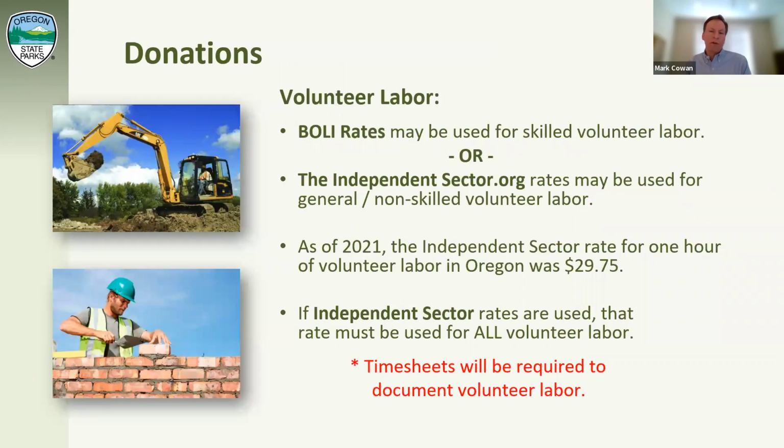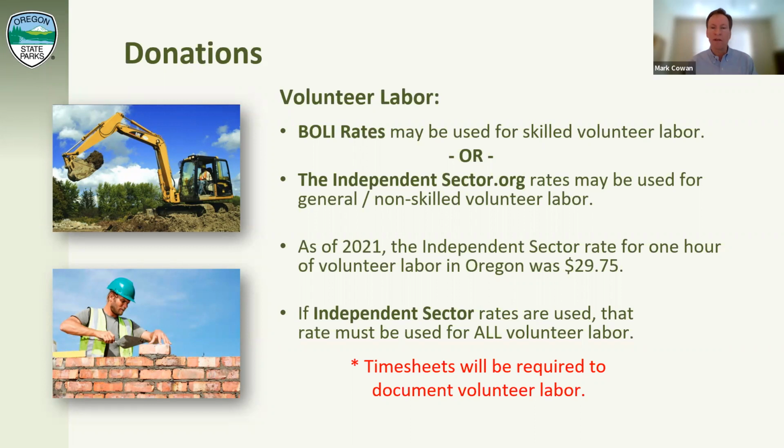If you want to include any volunteer labor as part of your match, there's certainly ways to do that. And if you're anticipating using any skilled laborers like heavy equipment operators or masons, we encourage you to go ahead and use BOLI rates because they would have those rates for more skilled individuals. If you had maybe more of a group of volunteers come in and do invasive species eradication in a marsh or something like that, that would be more like just your general run-of-the-mill non-skilled labor.